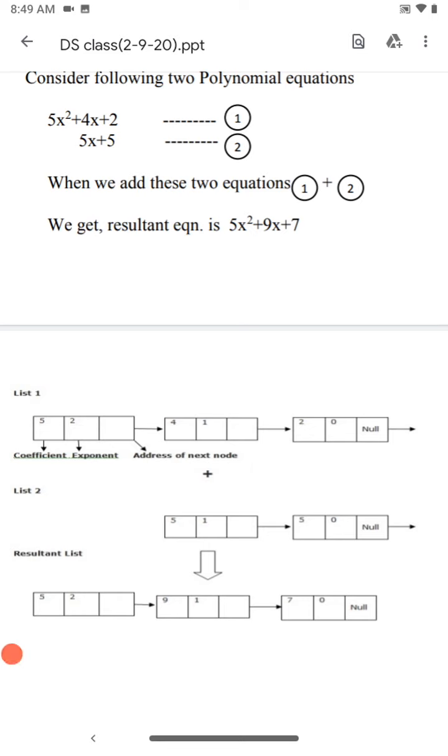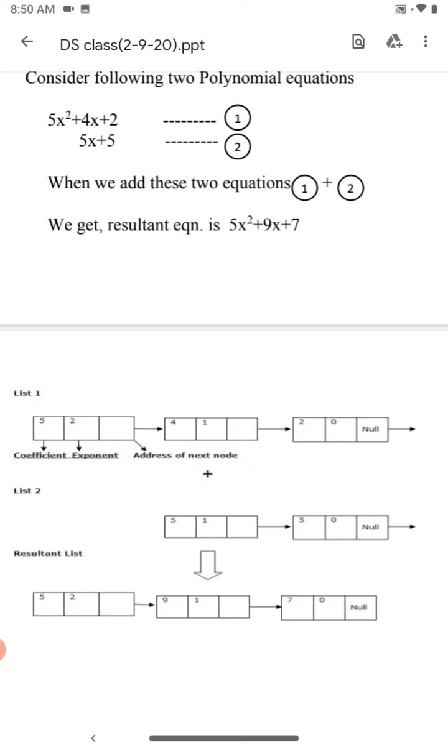Second term: coefficient 4, exponent 1, then the link part. The third node: coefficient 2, x power 0, so exponent 0. The last node in the linked list always has the link part represented by the null value.